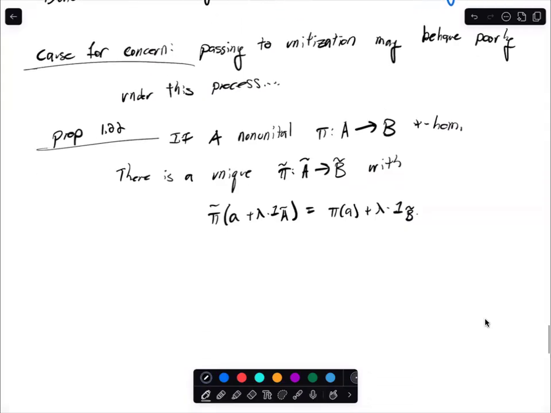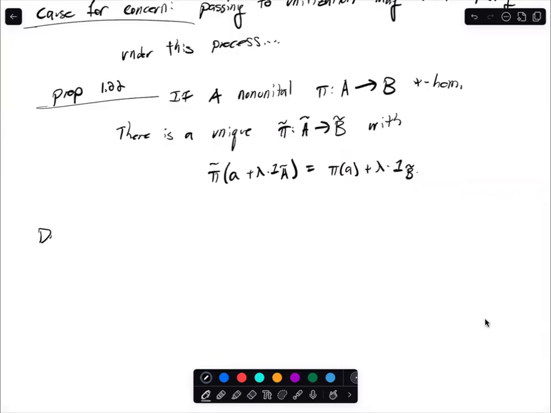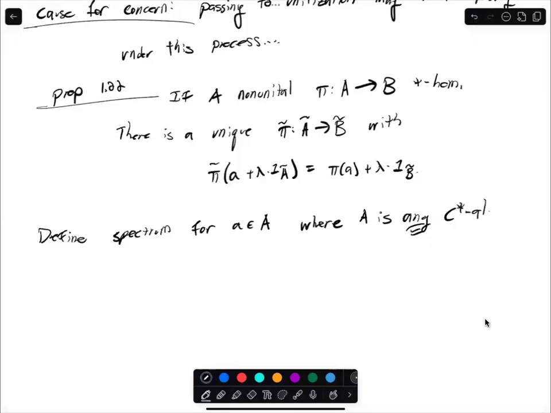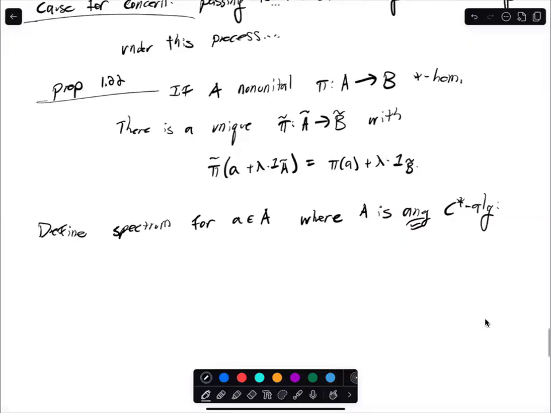And with all this unitization stuff in hand, we can define the spectrum for A, where A is any C-star algebra, as follows.